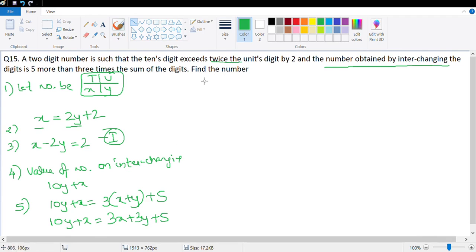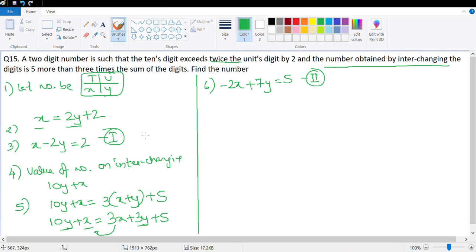Bringing x and y on one side. So what we have is x minus 3x, that's negative 2x. 10y minus 3y, that's plus 7y is equal to 5. So negative 2x plus 7y is equal to 5. That's our second equation. So I have x minus 2y, negative 2x plus 7y.